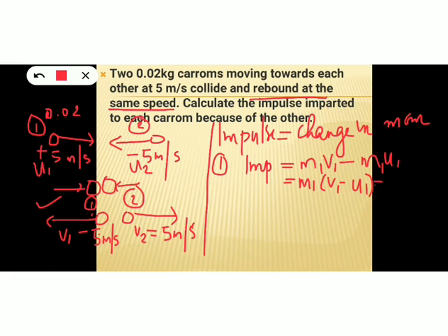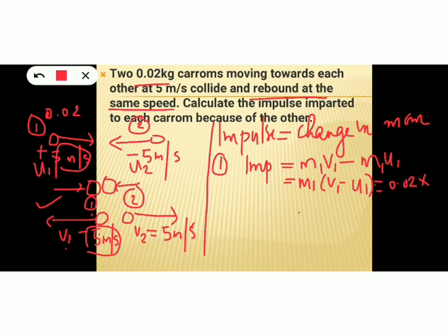And that is equal to, what is m1? m1 is 0.02 into (v1 minus u1). What is v1? v1 is minus 5 and u1 is 5.